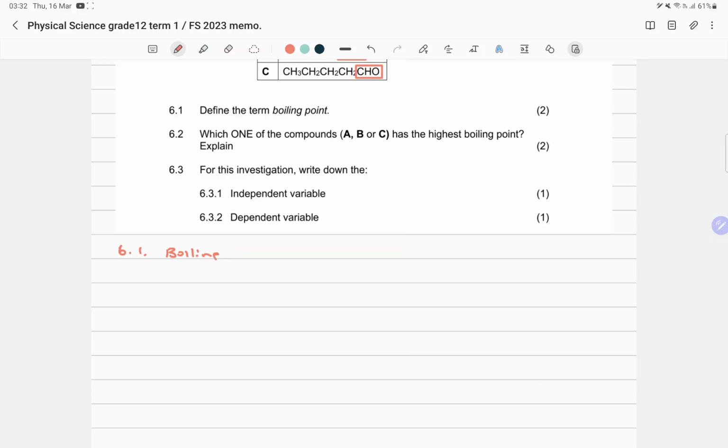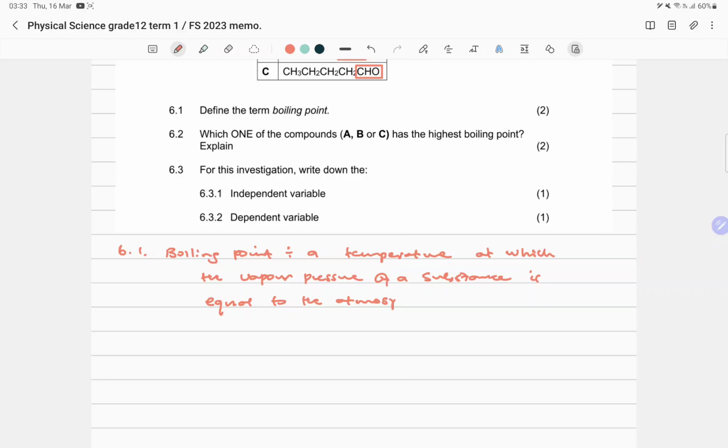So the boiling point is defined as a temperature at which the vapor pressure of a substance is equal to the atmospheric pressure. Okay, so that's it. Easy 2 marks from the textbook.